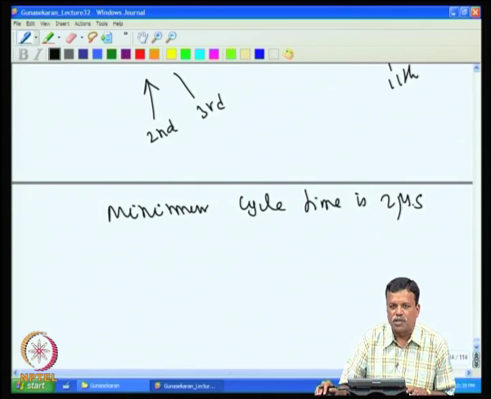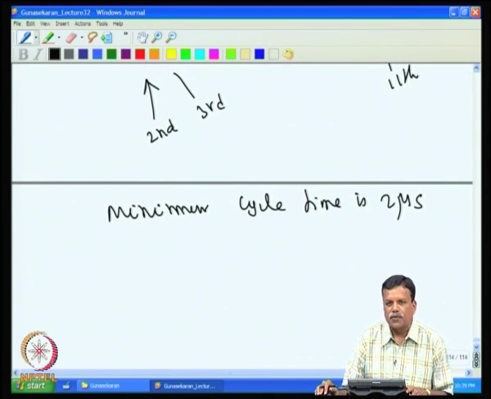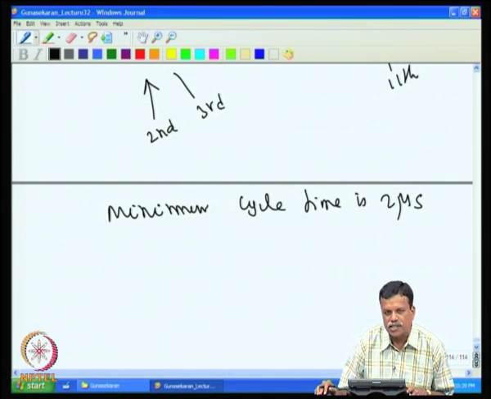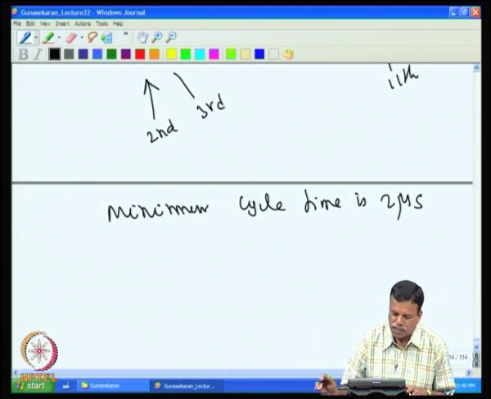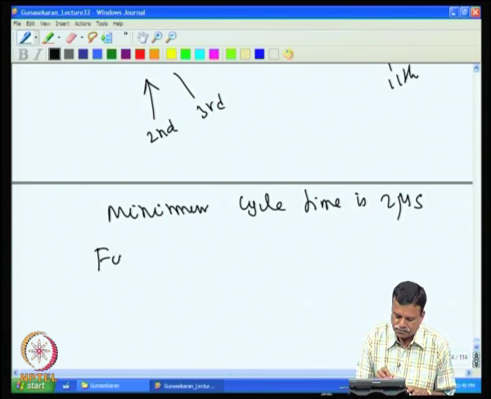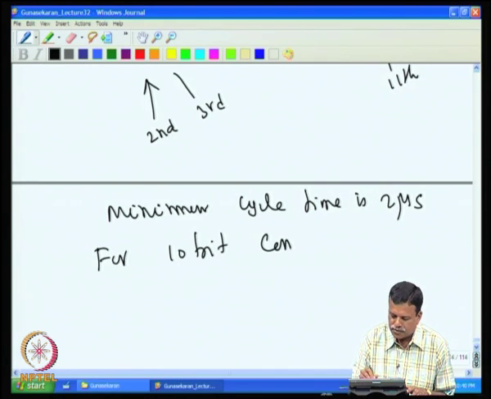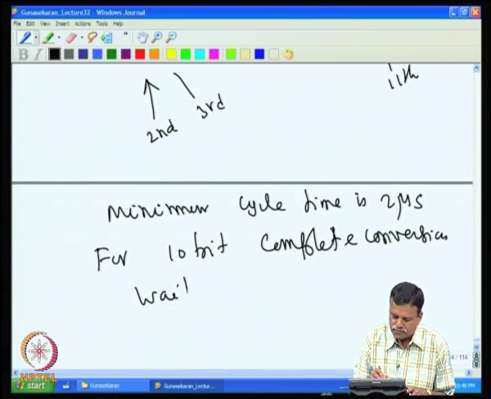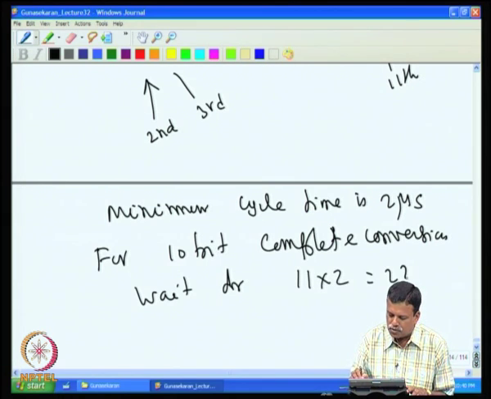So, for complete conversion, that is if I want complete 10 bit accuracy, then I have to wait for 11 cycles, that means 11 into 2, it is 22 microsecond.